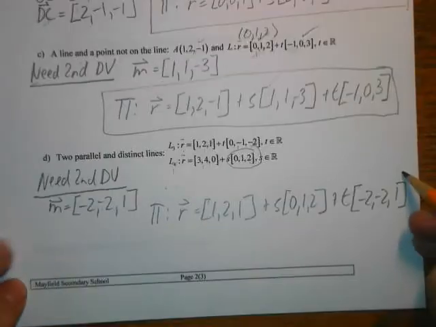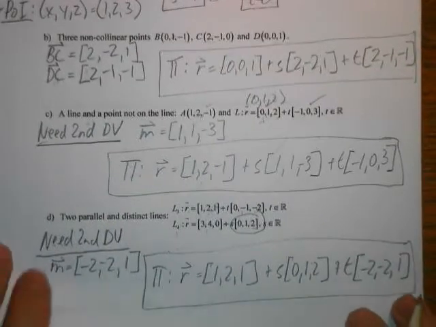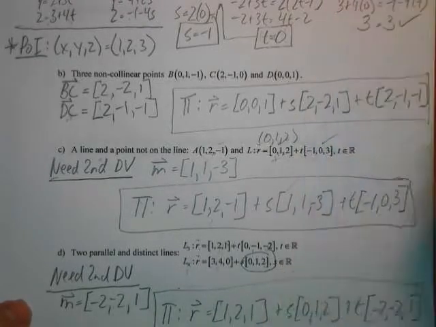Okay, so there we have our fourth equation of a plane. All four of these part questions had different given information. So it's important to know how to do all four of these because you could be given any one of these types of questions.